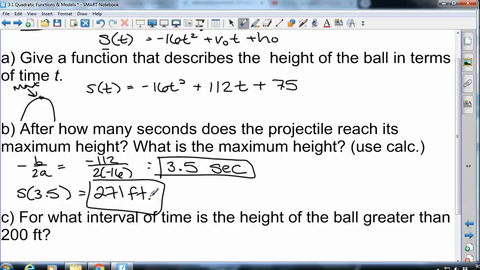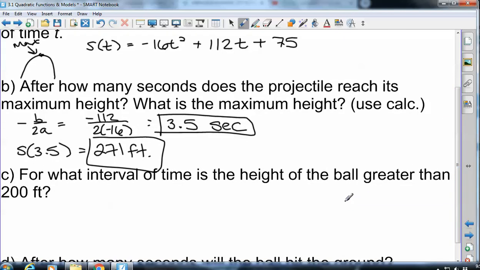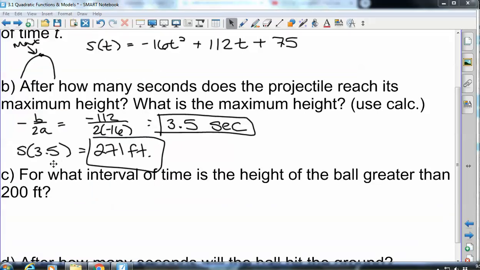Let's see. For what interval of time is the height of the ball greater than 200? This is one that we probably don't want to do by hand. It's a little long. So we are going to use our graphing calculator here. I'm going to show you some tricks on your calculators. You need to go to y equals.